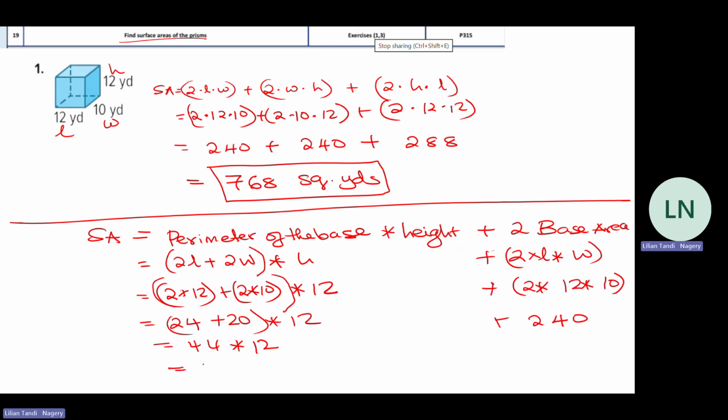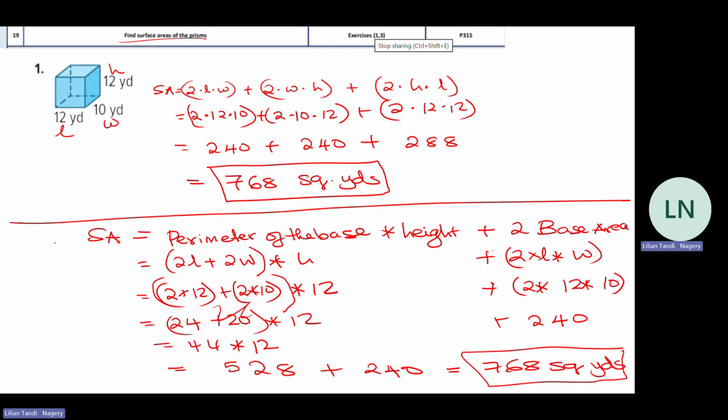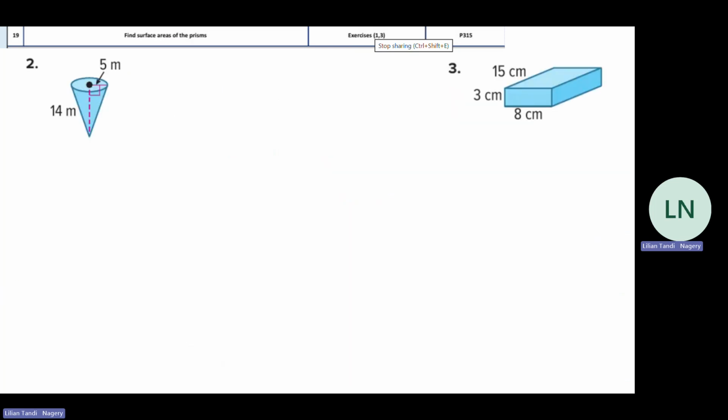That should give you 528 plus your 240. That should give you 768 square yards. Okay. So you have two ways of doing the same question. You choose what is easy for you.